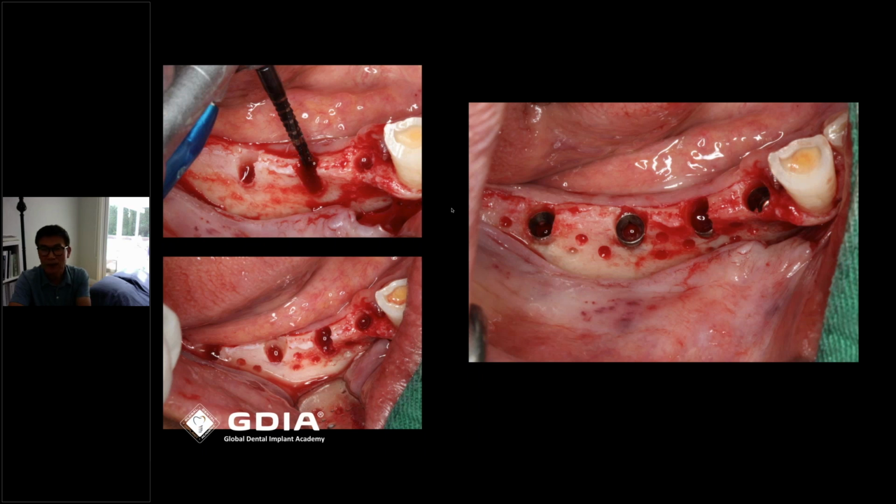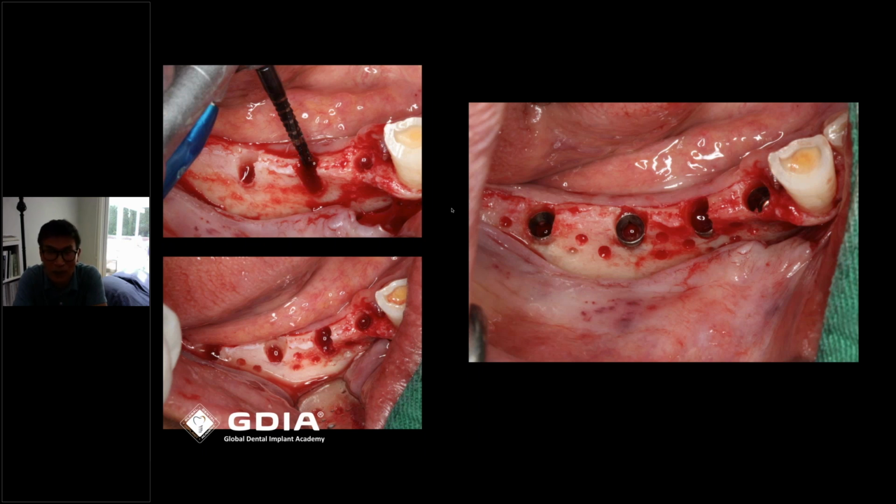So when you look at the right side, the implant is about 2-3 millimeters deeper. Now you can see from the crestal approach after the initial prep opening, it doesn't look like there's much bone, but by the time you place the implant, it was not that bad, really. It has lots of bone.